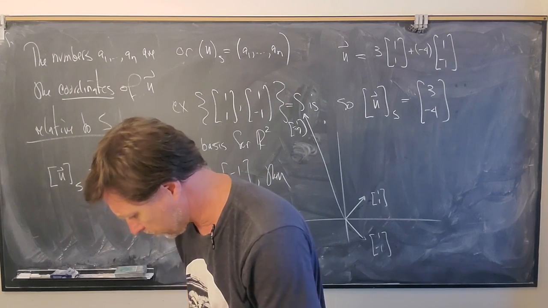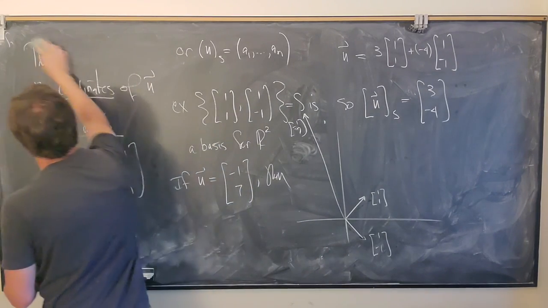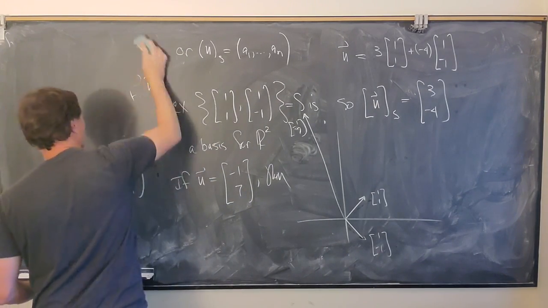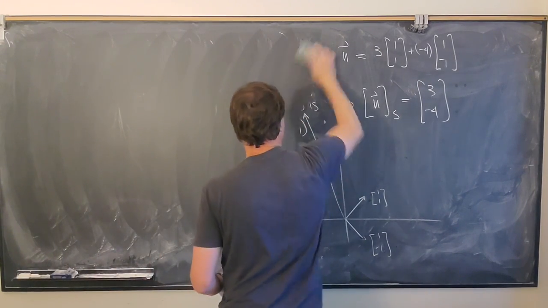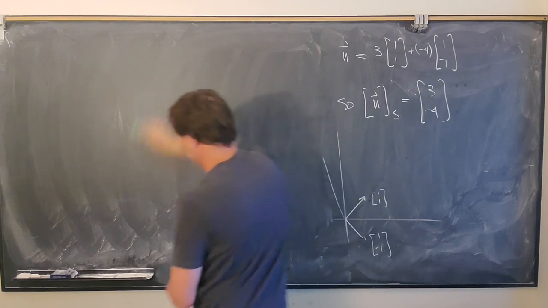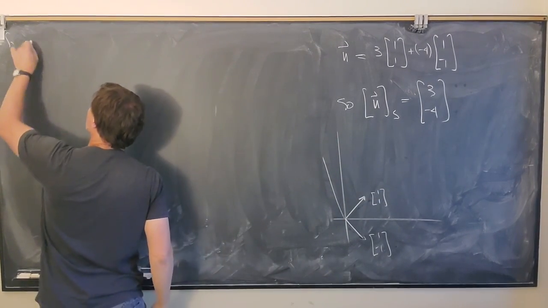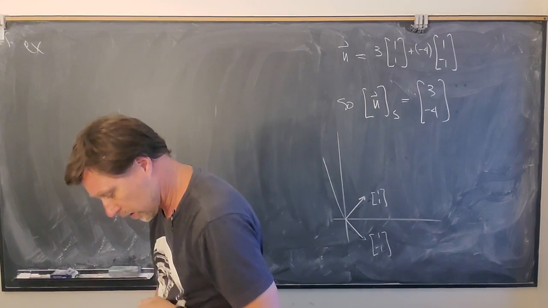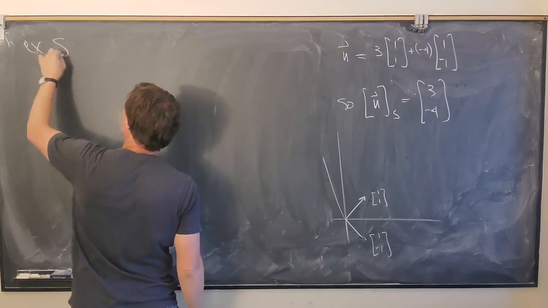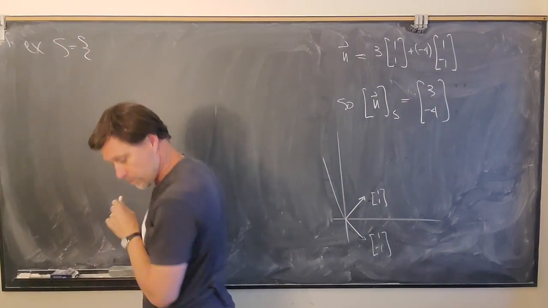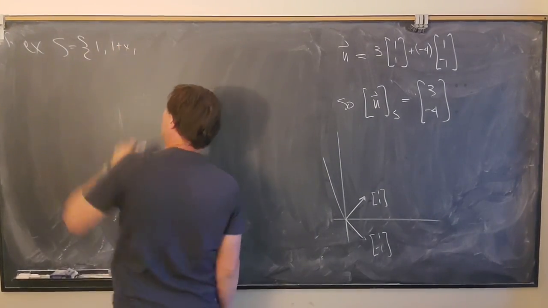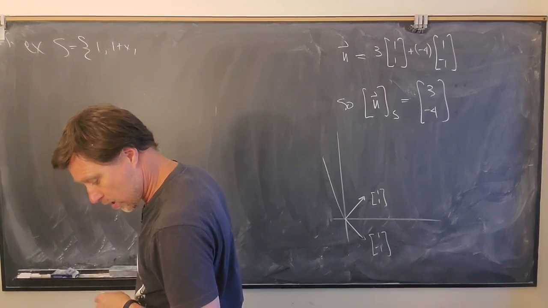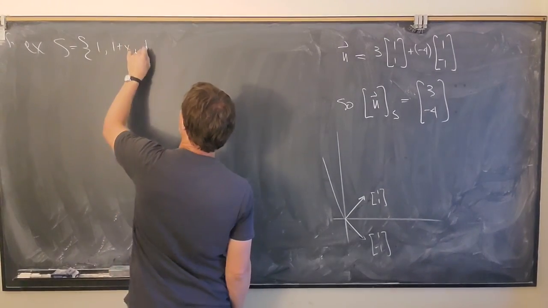Let's do another example. Okay, so now let's say S is going to look like this: 1, 1 plus x, and 1 plus x squared.